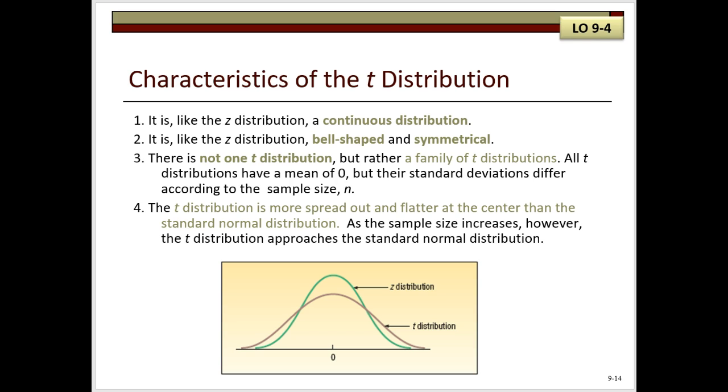However, as illustrated on the figure in this slide, compared to the normal distribution, the t-distribution is more spread out and flatter at the center. As the sample size increases, however, the t-distribution approaches the standard normal distribution. So for sample sizes larger than 30, the z-distribution may be used instead of the t-distribution in computing a confidence interval for the mean.